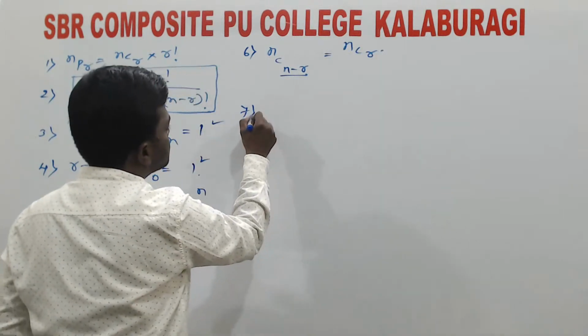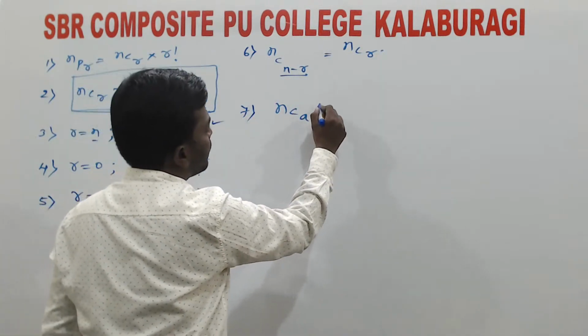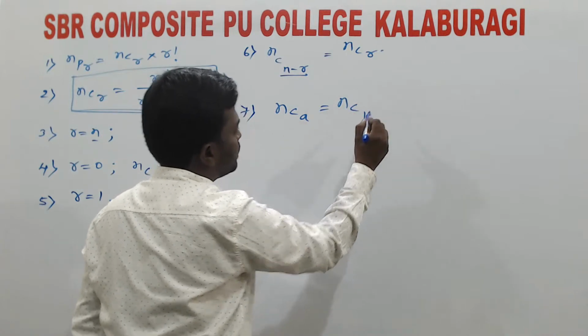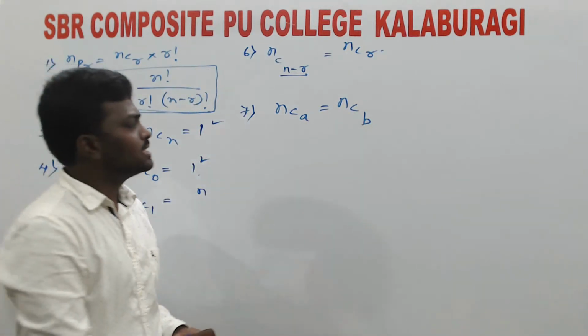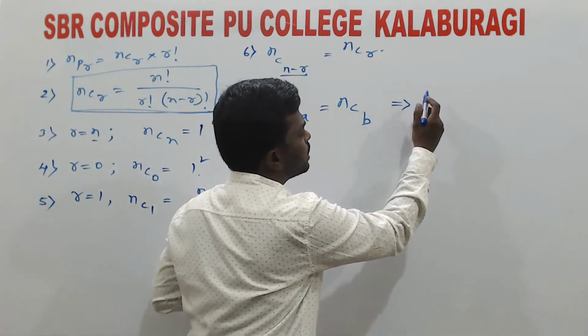Now the seventh one: nCa is equal to nCb. When is this possible?